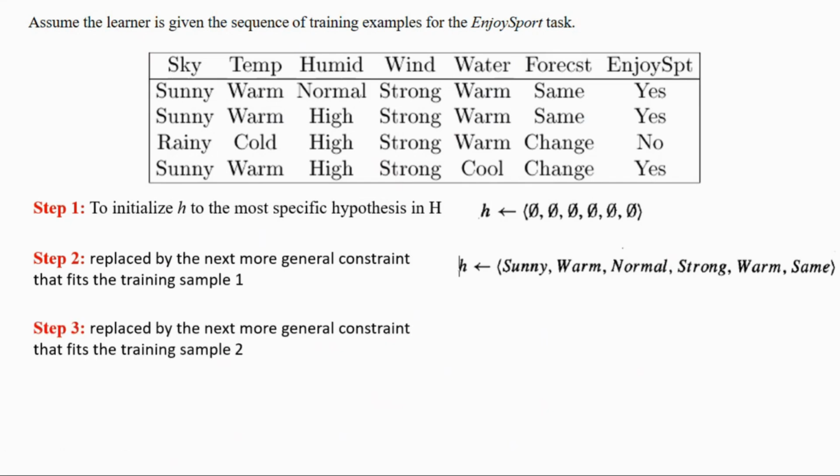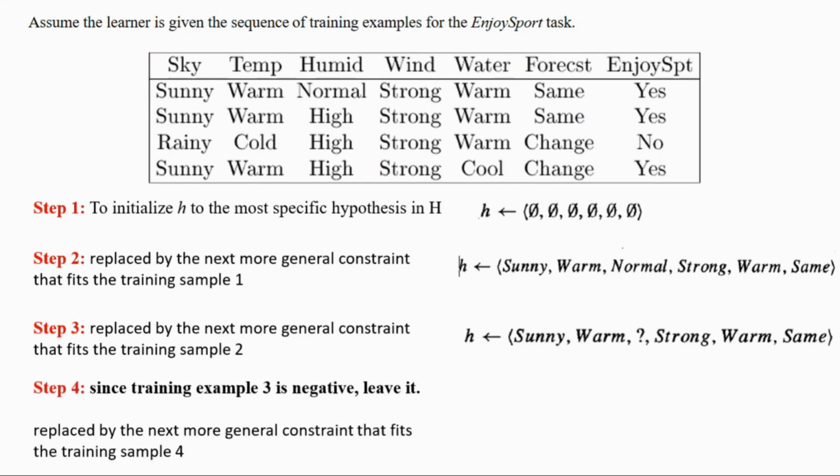The third step, considering the second sample, our hypothesis becomes like this. The fourth step, considering the third example, it is negative, so we leave it. Finally, after considering the fourth example, the hypothesis takes the form sunny, warm, question mark, strong, question mark, question mark. This is how the Find-S algorithm works.